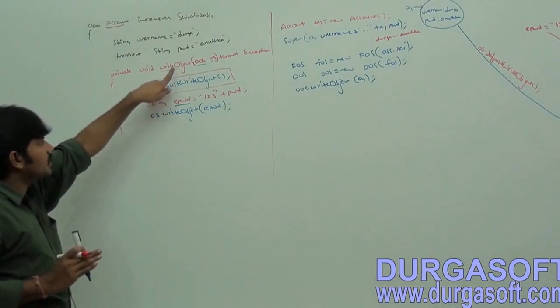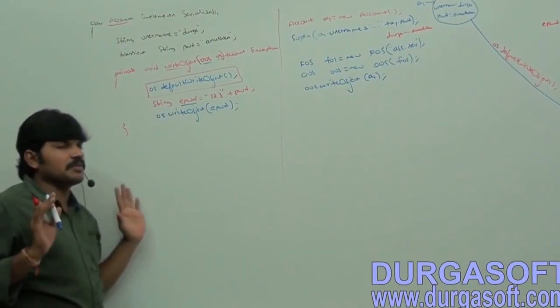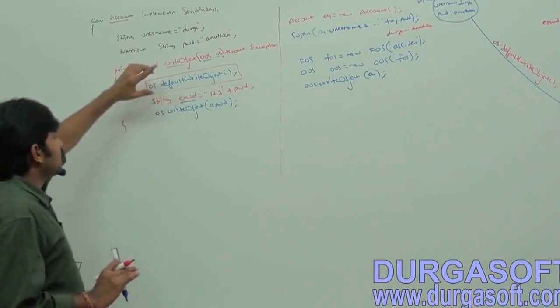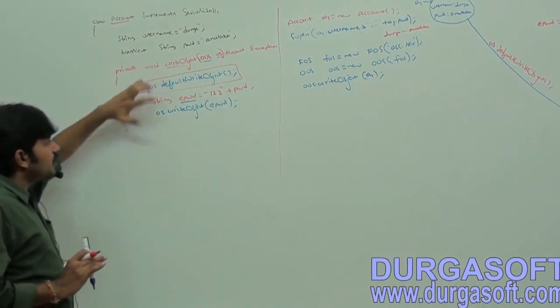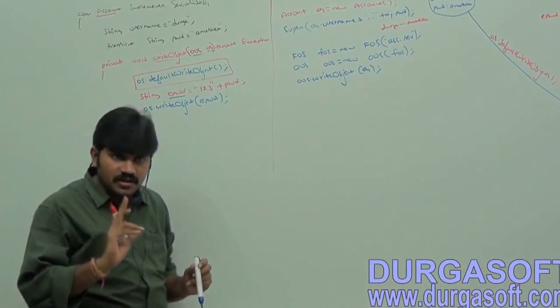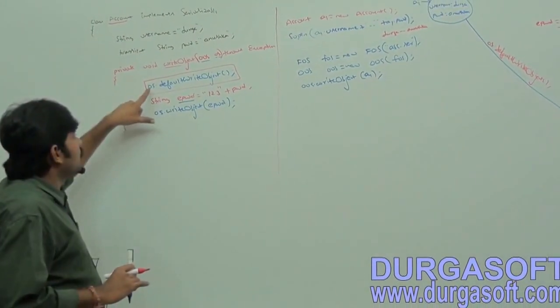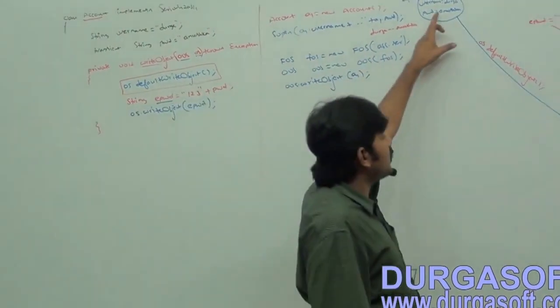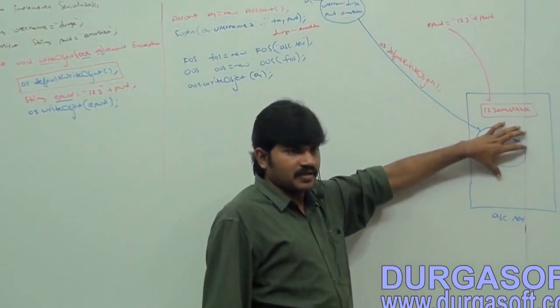If it does, JVM simply feels happy because it is not required to do anything. JVM simply executes this method. Within this method, I am asking JVM for default serialization. How? OS.defaultWriteObject.